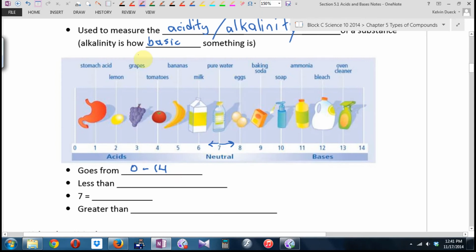So if you have less than 7, that means you're acid. If you have more than 7, that means you're basic or alkaline. What's the word for 7? What does 7 equal? Begins with letter N. Okay, we call that neutral.